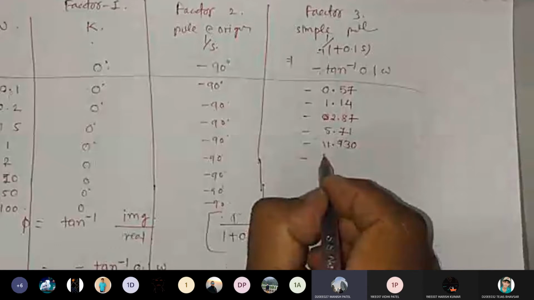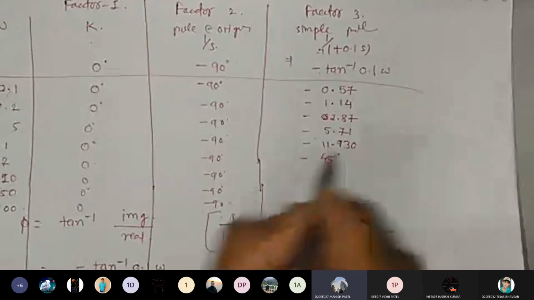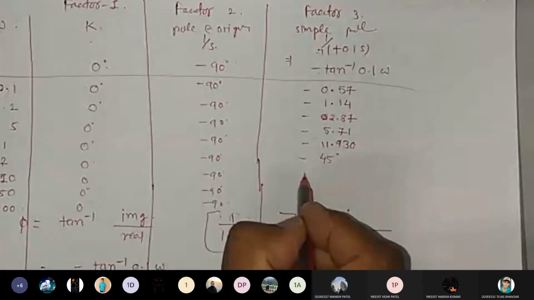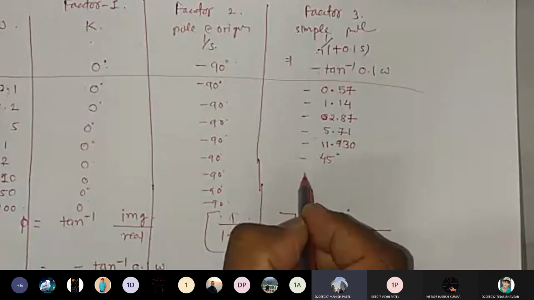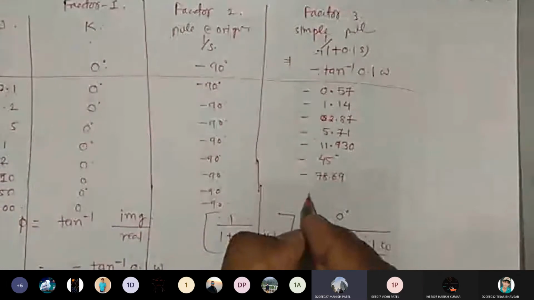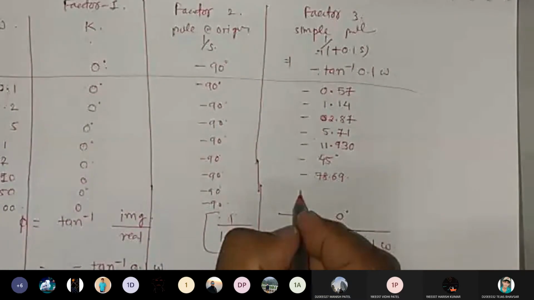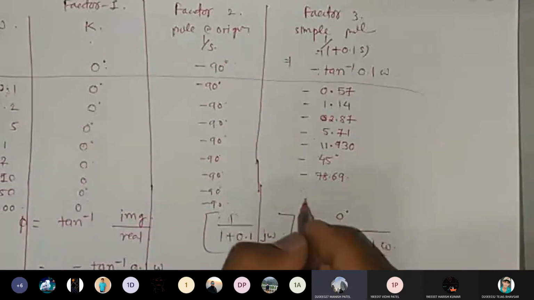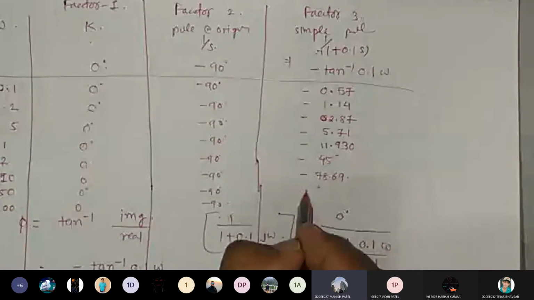Sir, minus 45 only comes. For 50, minus 78.69. For 100, minus 84.28.